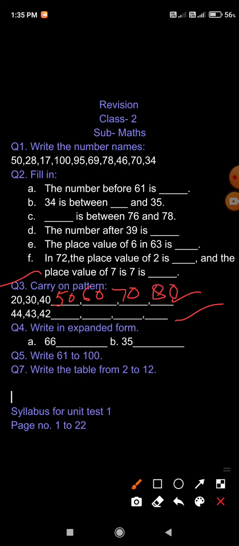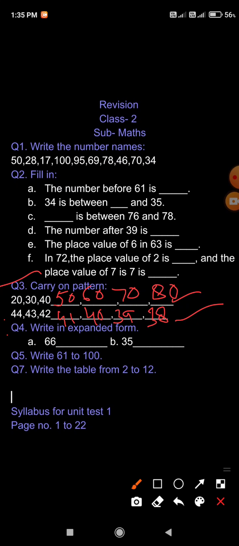Like this you will write this. Now second one, 44, 43, 42. Here you can see in backward series it is given. So before 42 you will write here 41, 40, 39, 38.